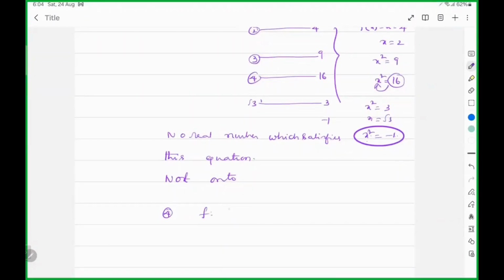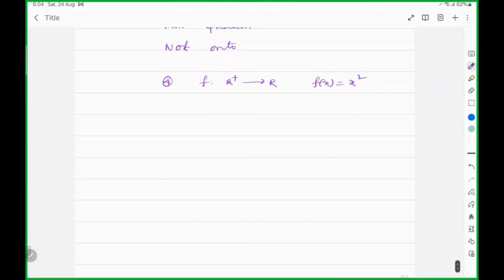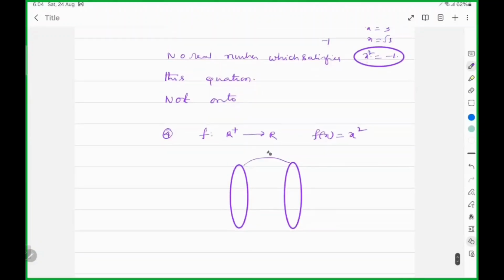Suppose I take f from R plus to R, the same function. Here the mapping is f, R plus to R. If you take, for example, 4, you have a pre-match.